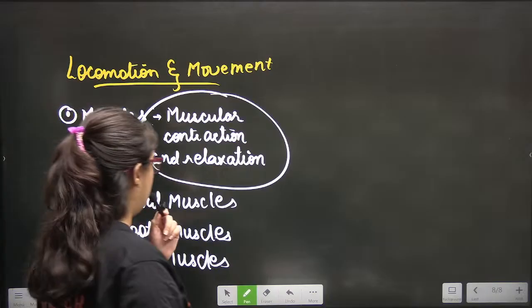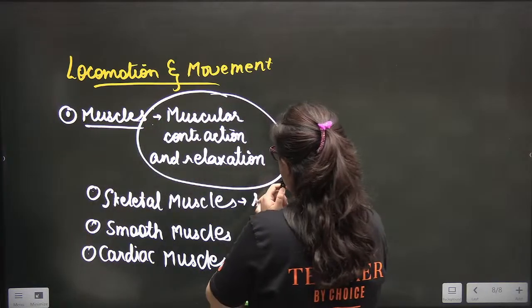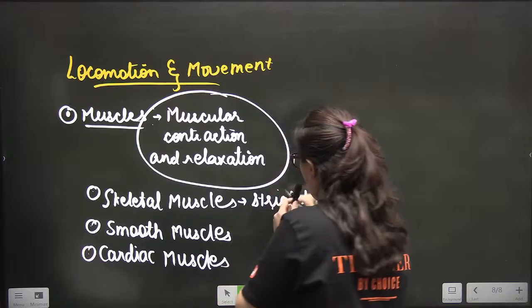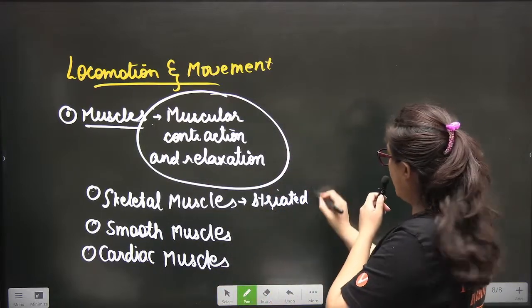Skeletal muscles have bands, so they are striated, and voluntary because they work under our will.